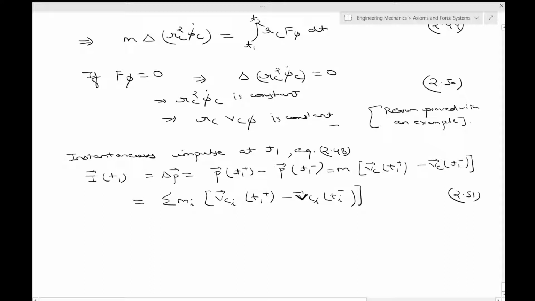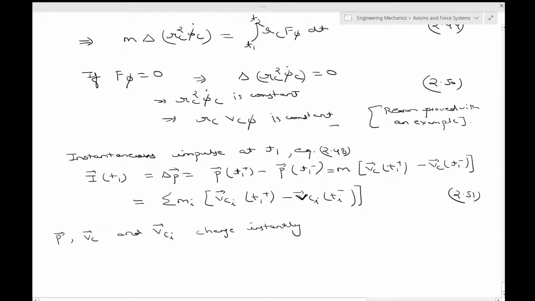This also means that the momentum, the velocity of the center of mass, and the velocity of center of mass of the individual parts, they change instantly.